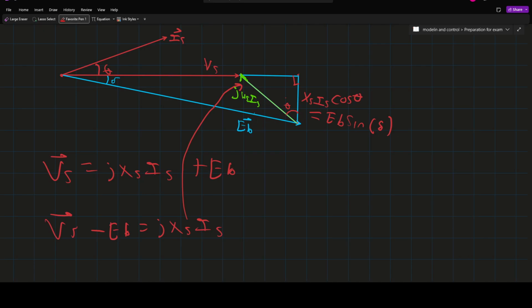And if we look at this as a big triangle right here, it goes all the way over here like this, then we know that the opposite side is going to be the sine. So this is going to be Ef times sine of the angle psi.